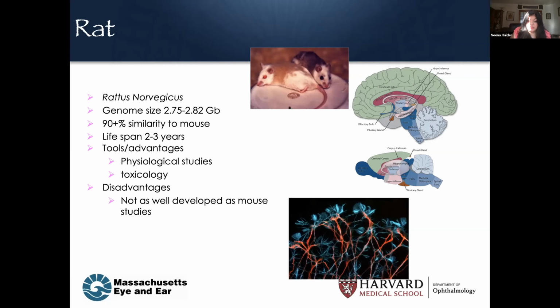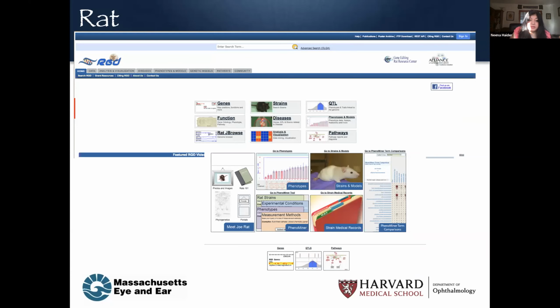Its genome and its number of different strains are not as developed as mice, and so therefore it's not as common as the mouse to use. But there is a rat genome database that is also really well annotated and gives a tremendous amount of information in terms of the genes and the strains of rat and the different diseases available to study.